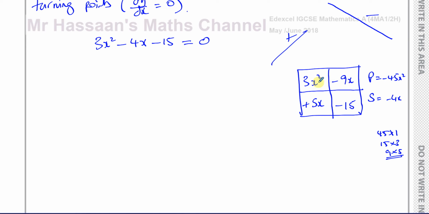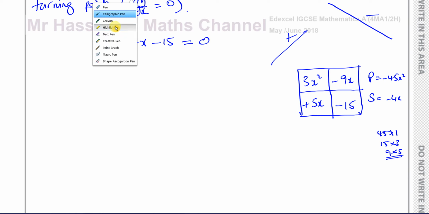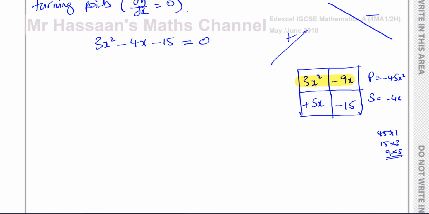Now I can take out a common factor from, for example, this line here. What's the common factor of 3x squared and minus 9x? I can take out 3x as common, and then this term, when I multiply these two together, I have to get 3x squared, so that's going to be x. 3x times x is 3x squared. When I multiply this by that, I have to get negative 9x, so I need a minus sign, and 3x times minus 3 gives me minus 9x, so there's a minus 3 there.